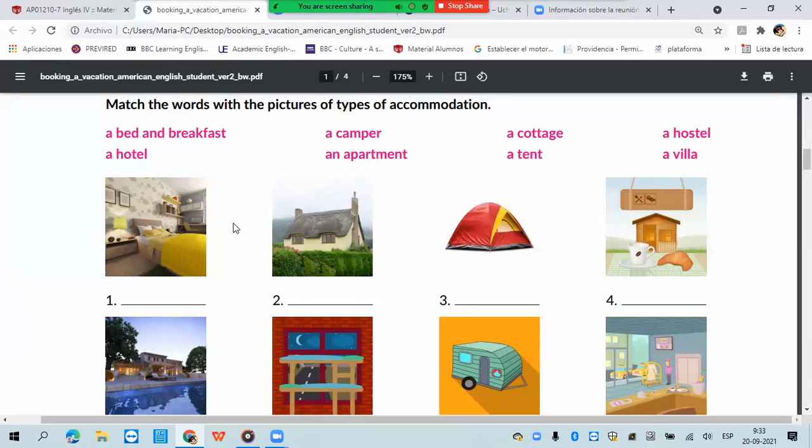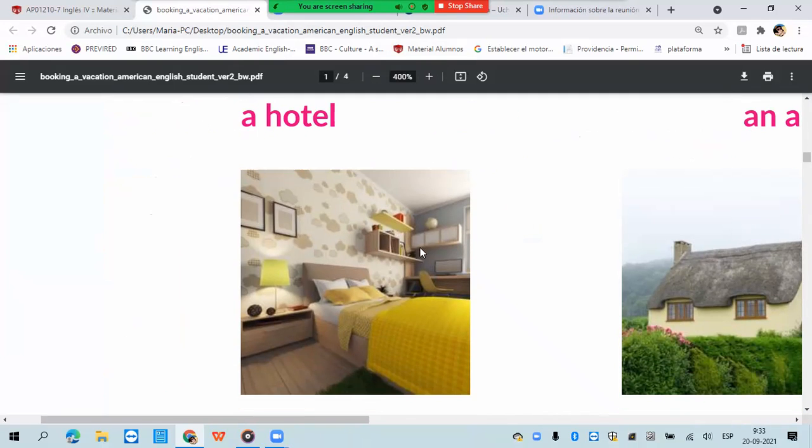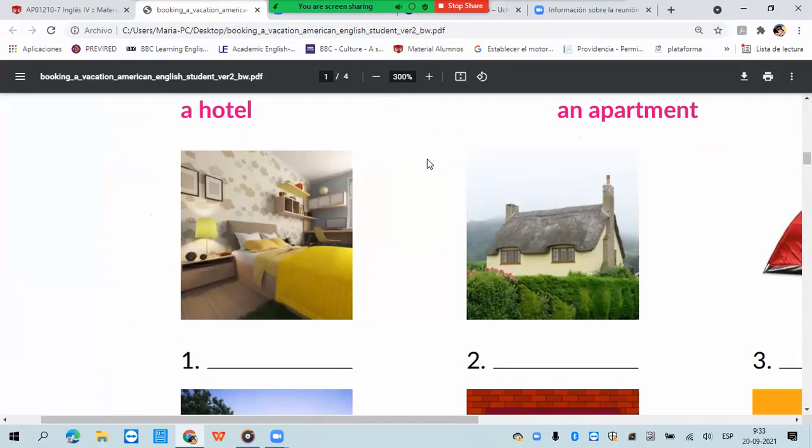Anybody? I think it can be an apartment. Why? For the bed. In first place, I think it can be a hotel or hostel.